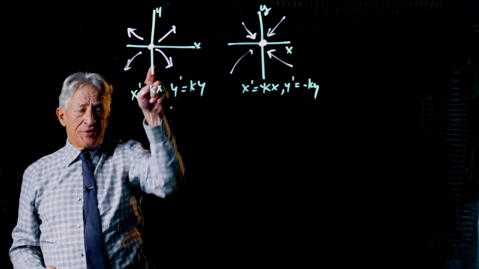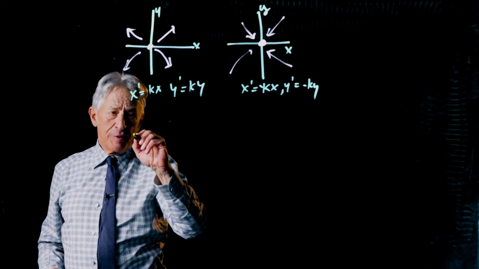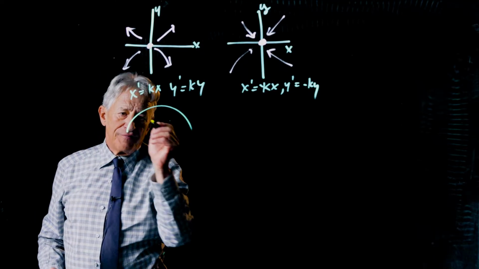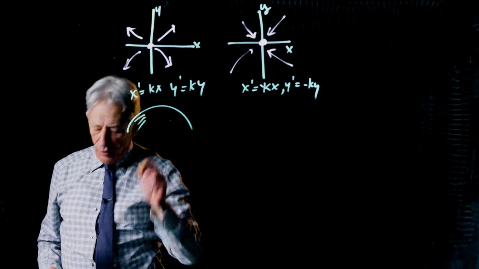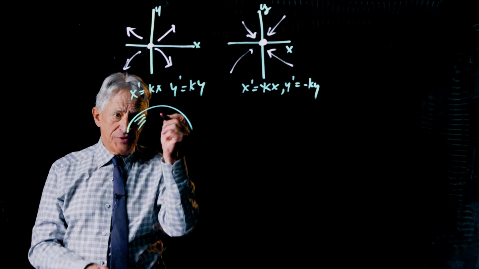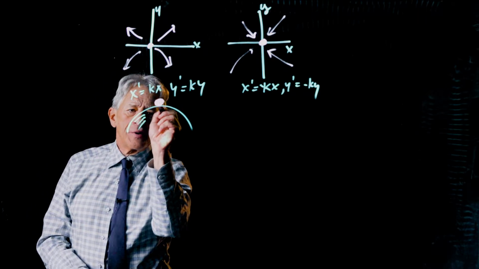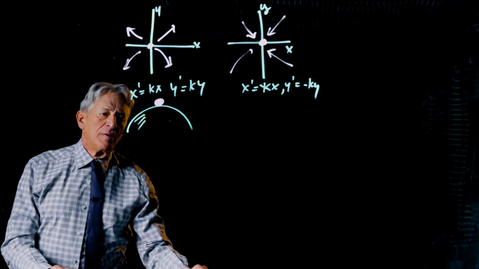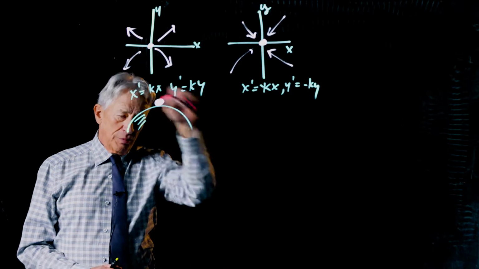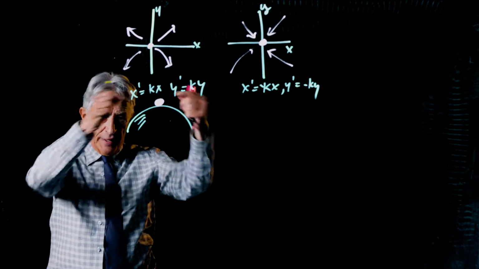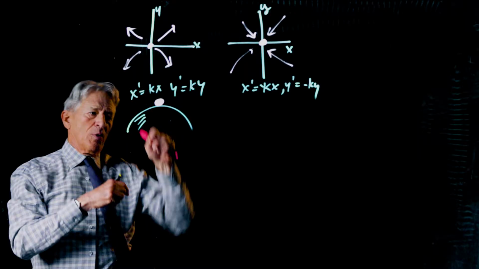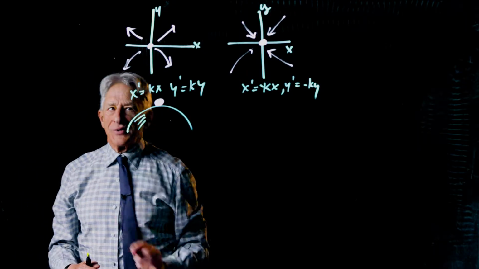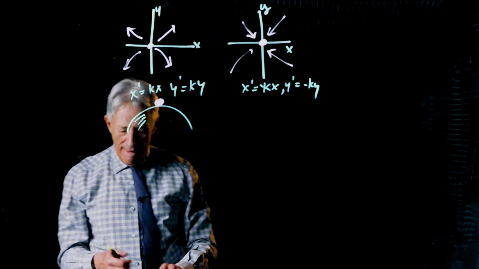And of course, this is an unstable equilibrium point. And continuing our metaphor from the last session, we can think of the unstable equilibrium point as a ball on a hill. And the ball on the hill rolls away in the x direction, and it rolls away in the y direction, and that's an unstable equilibrium point.